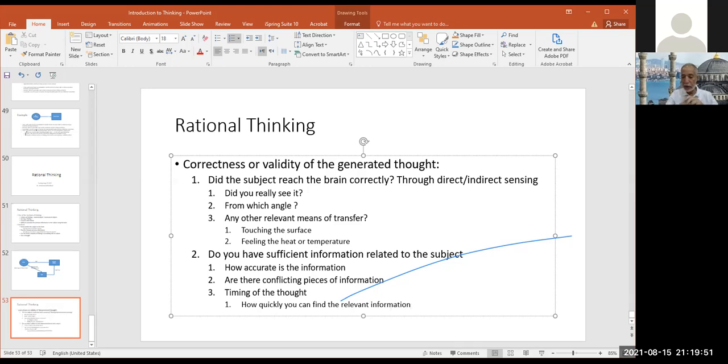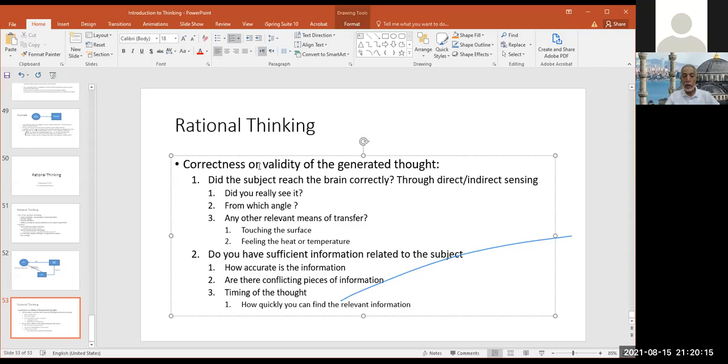Sometimes a thought passed after the due date is not a thought. That's some of the criteria for making comparisons between different thinking processes.